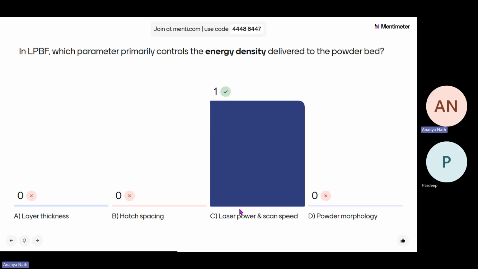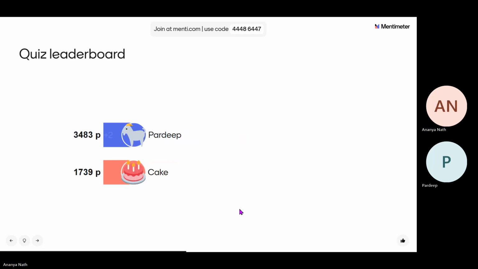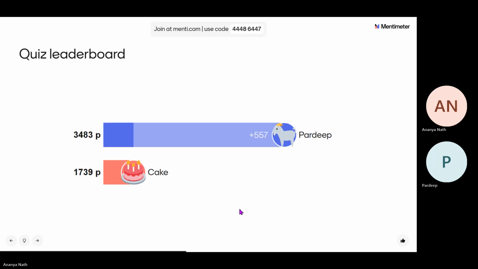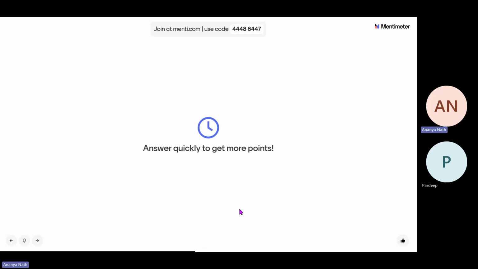Yes, laser power and scan speed. Of those, scan speed has the highest influence. Next question.